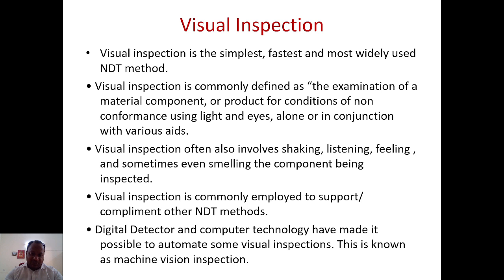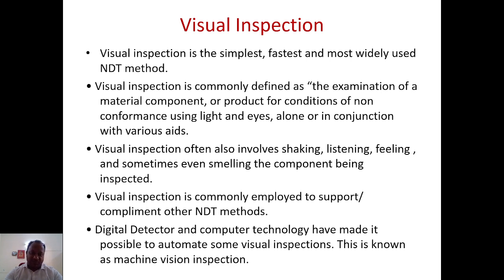In visual inspection, there can also be shaking, listening, feeling, and sometimes even smelling of the component. Due to overheating, the smell tells us that the product has been heated beyond the temperature.